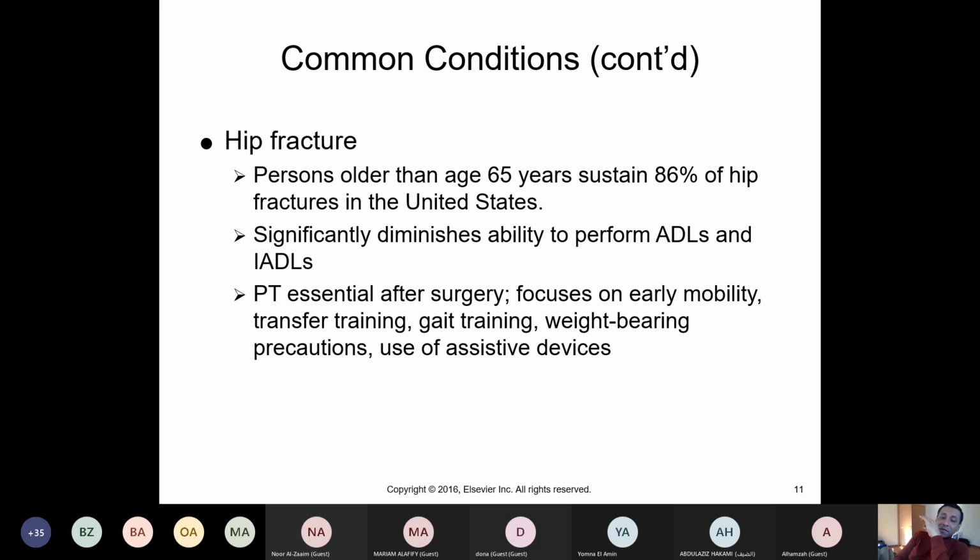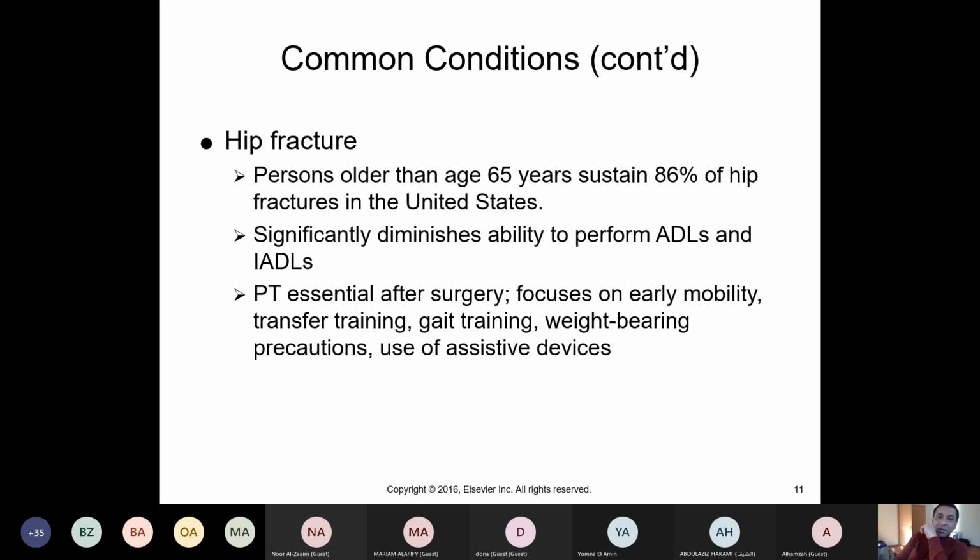For these individuals, it's very important to receive physical therapy after their injury, after their surgery. Right away, they're focused on early mobility. So transfer training, gait training, weight-bearing precautions, and also how they can use assistive devices.